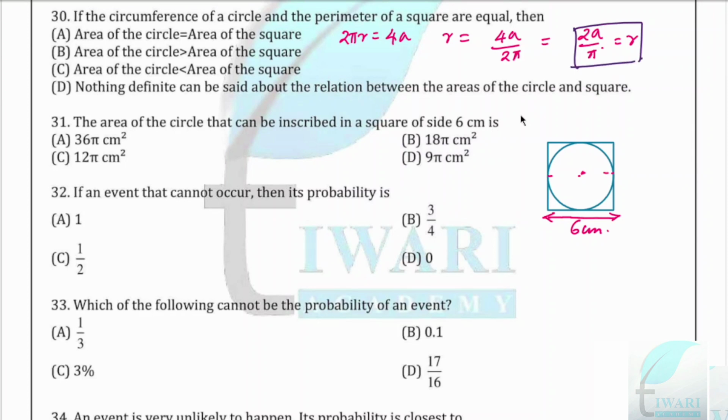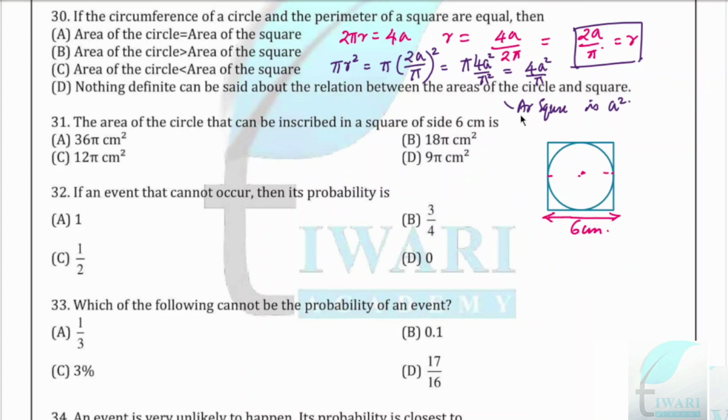So the area of circle is pi r square, that is equals to pi into (2a by pi) whole square, which will be equals to pi into 4a square by pi square, which will be equals to 4a square by pi, and the area of the square is a square.